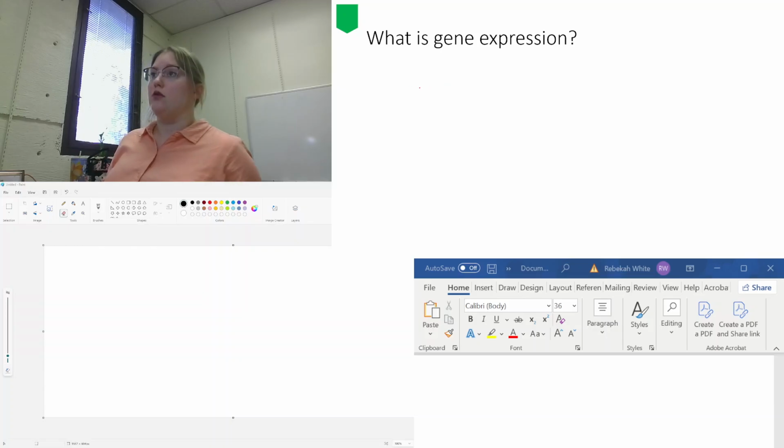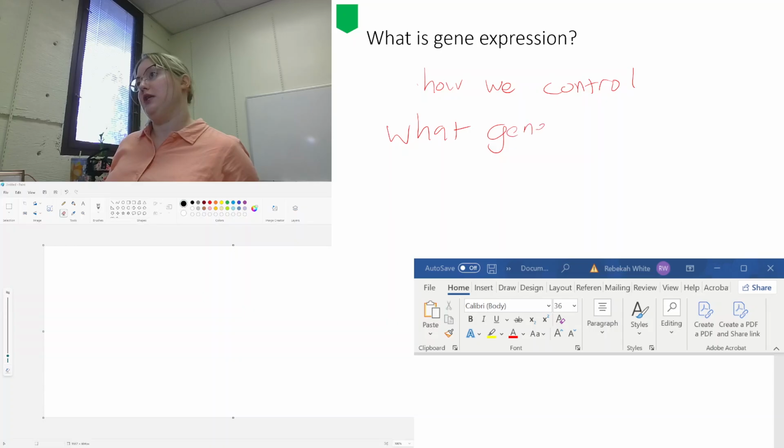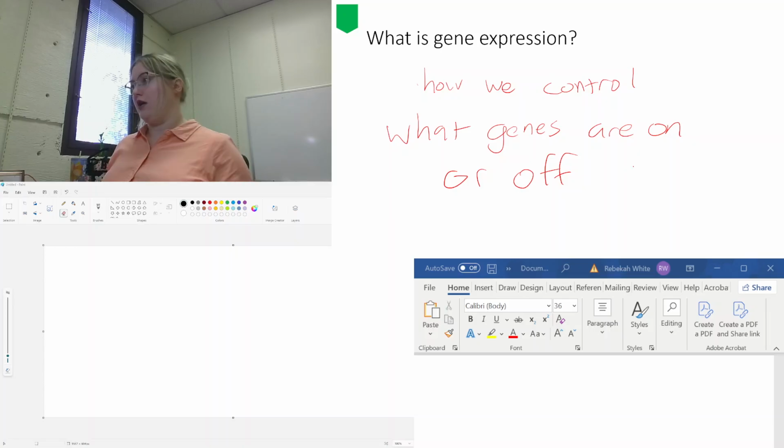Okay, so gene expression is how we control what genes are on or off. Think of it like a light switch.